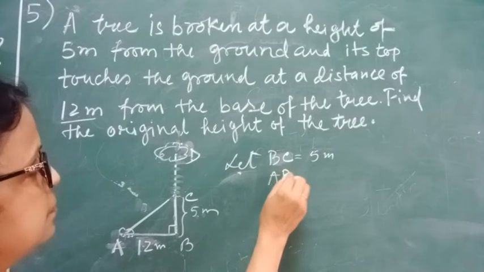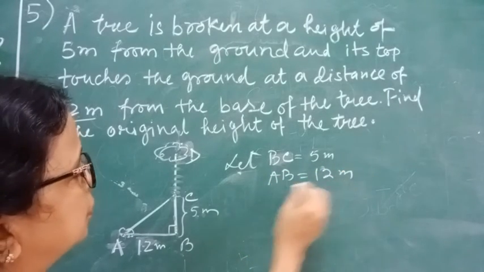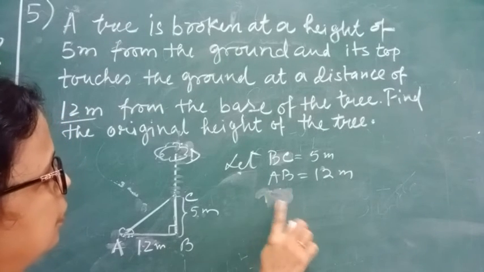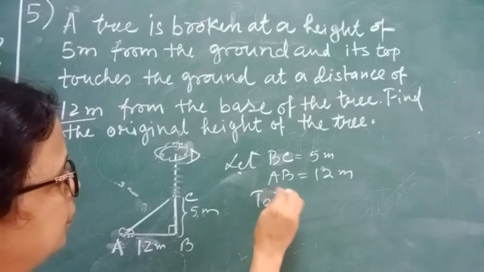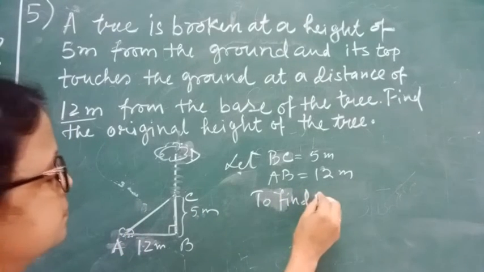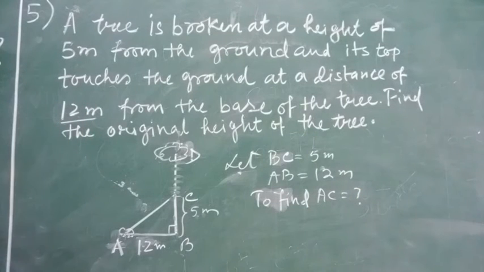AB is equal to 12 meter. To find the length of AC. How much is the length?